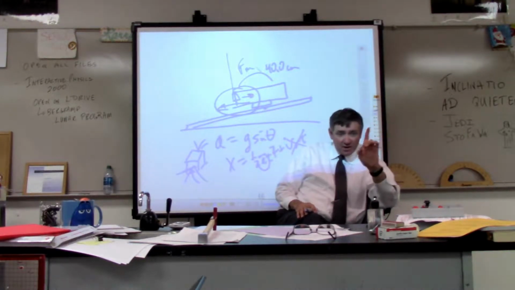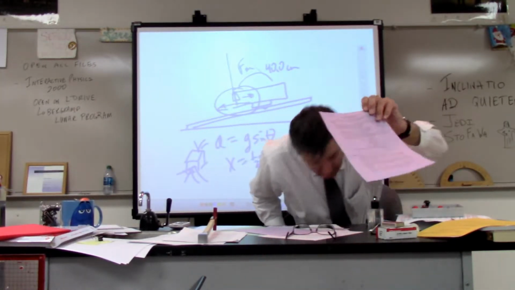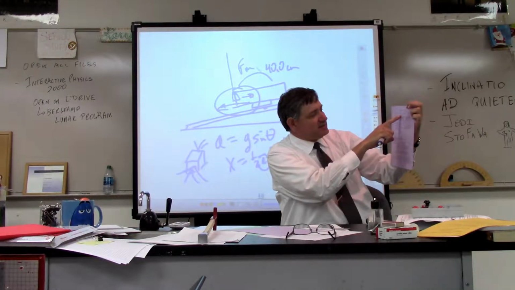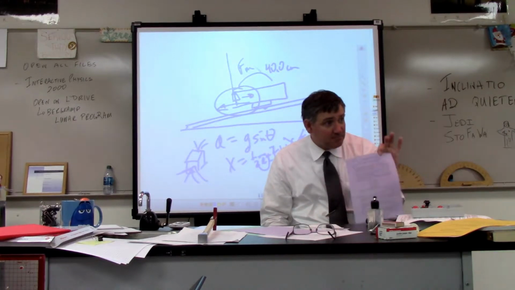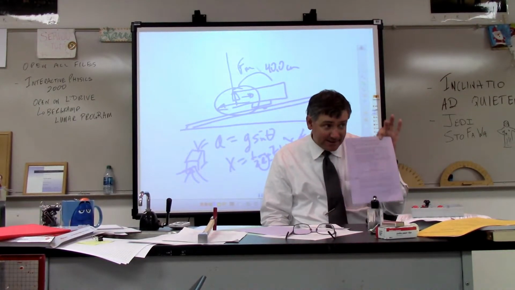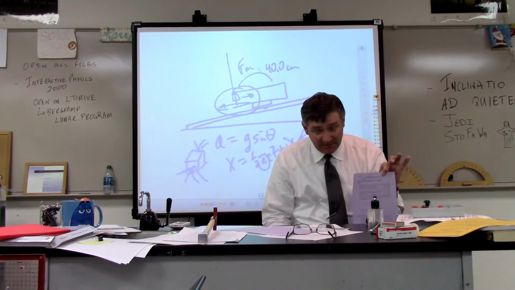Now, on the very front page of this lab, up here at the top, I've got down the incline is negative and up the incline is positive. Keep this in mind when you're calculating your values. Everything going down is negative. Everything going up is positive.